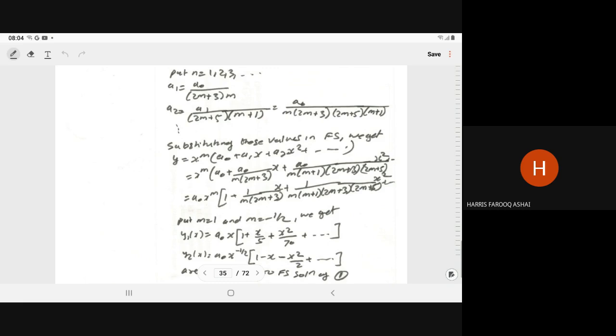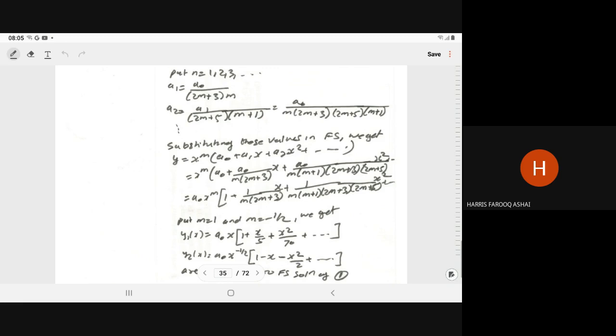So here a1 is equal to a naught upon 2m plus 3 into m, a2 is equal to a1 upon 2m plus 5 into m plus 1, that is a naught upon m into 2m plus 3 into 2m plus 5 into m plus 1.